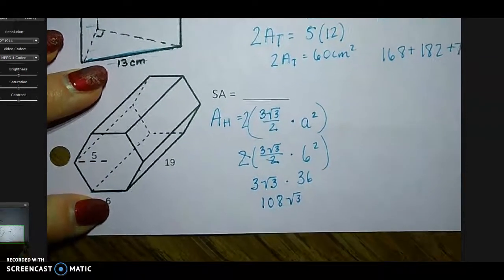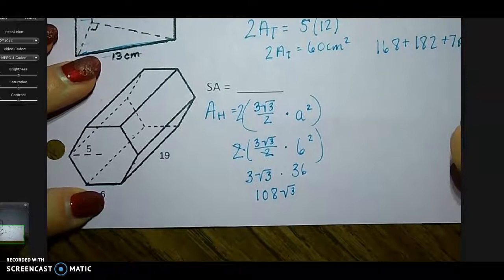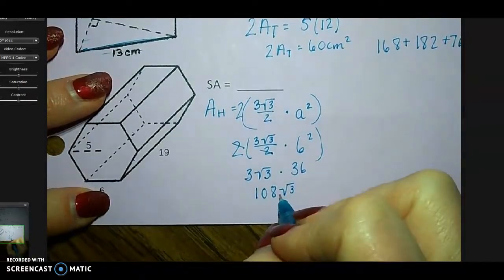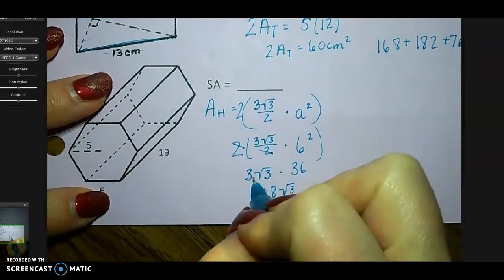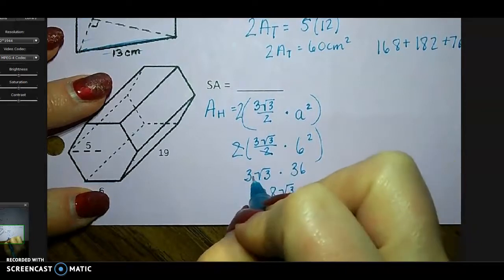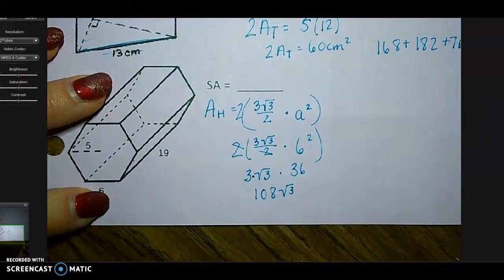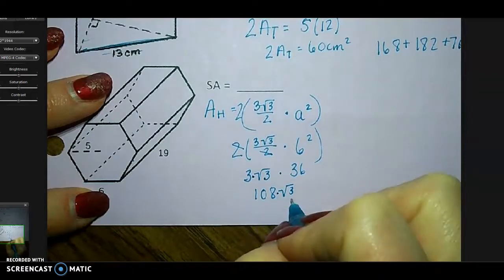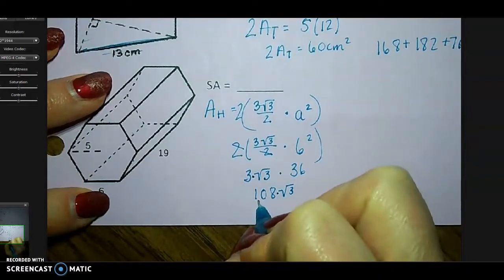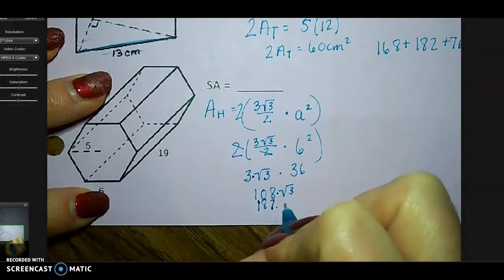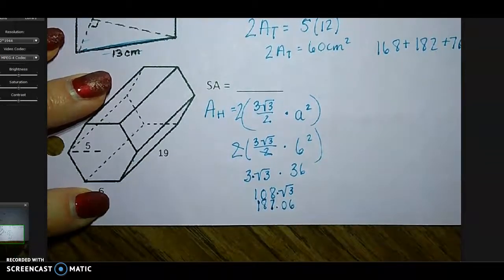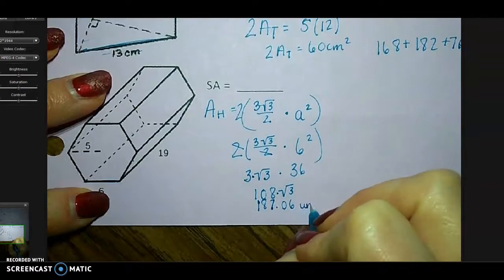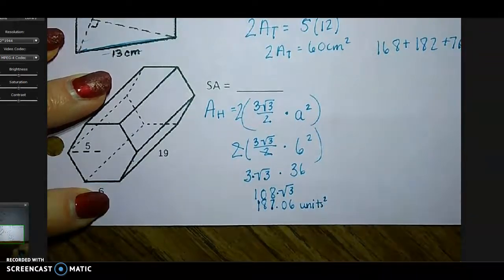Now, for our purposes, we need an actual number. So if I put this into my calculator, this is 108 times radical 3. The reason I can do the 3 times 36 is that there's a multiplication sign there. So if I multiply those times each other, I'm going to get 187.06. And these are going to be units squared.